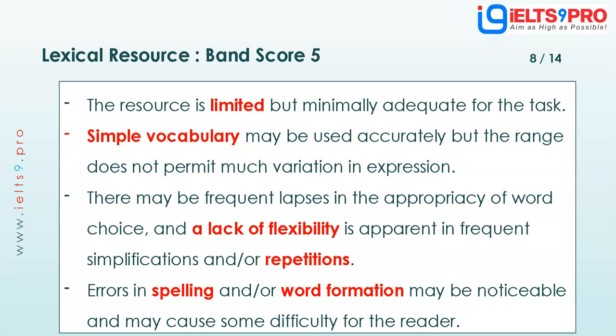And it was online shopping, online shopping, shopping online shopping. And they used it about maybe 10 times in the essay. So that is basically what they mean by lack of flexibility and repetitions. You don't have to change every single usage.